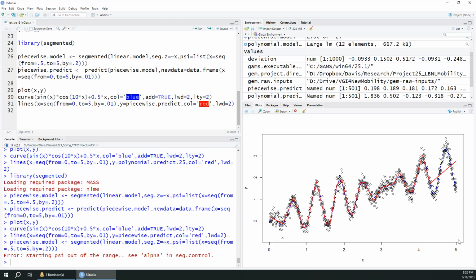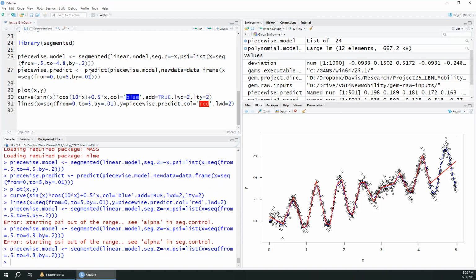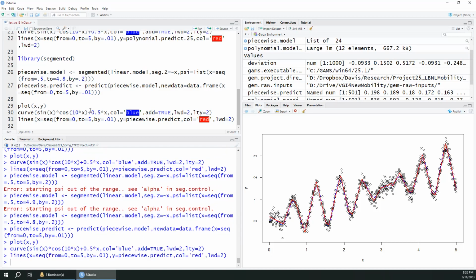That's probably because we're drawing from a uniform distribution, and you might not have points going all the way out that far. Let's try something a little bit higher. Nope, still. Probably needs some number of data points there. Let's see how low we can go. Okay, here we go. Let's try that again. Okay, great.